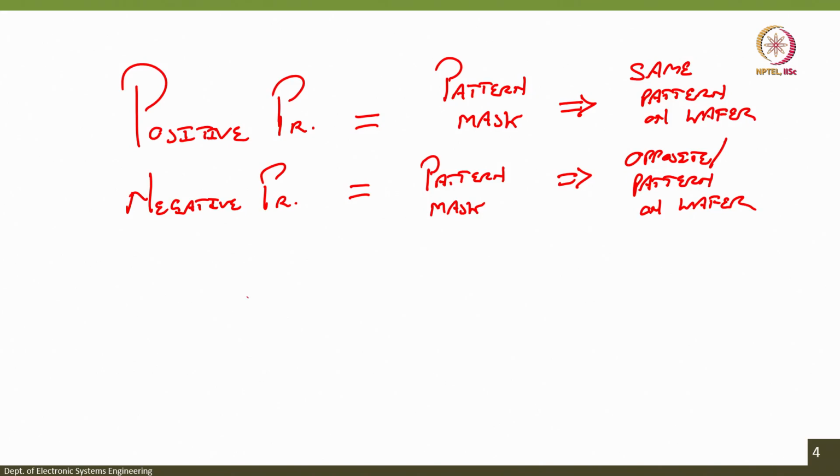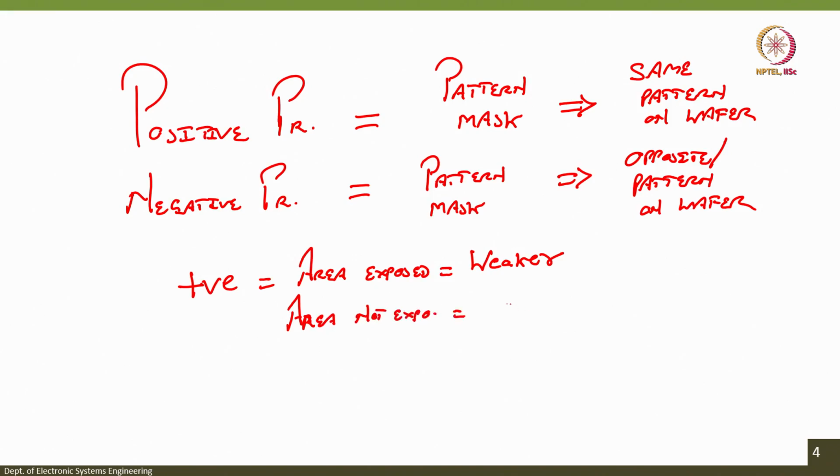But the book says that in case of positive photoresist, the area that is exposed will be weaker. The area which is not exposed will be stronger. In case of negative photoresist, the area which is exposed will be stronger.